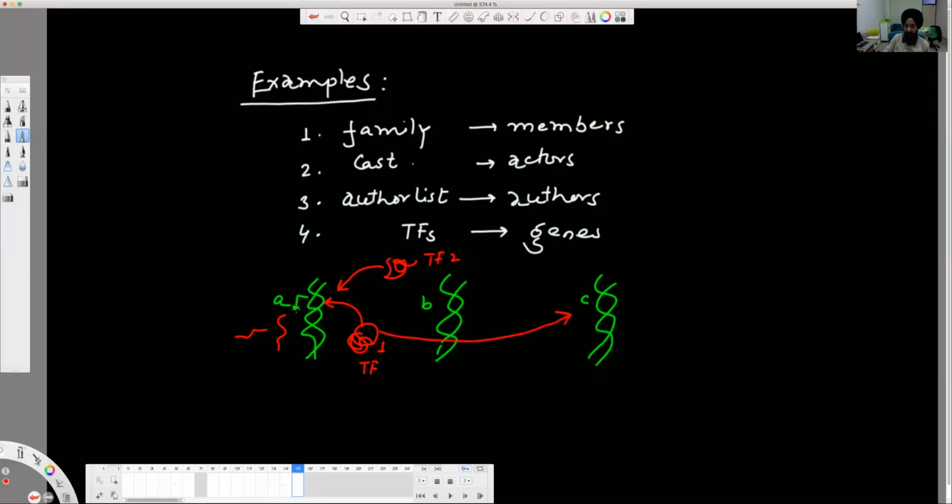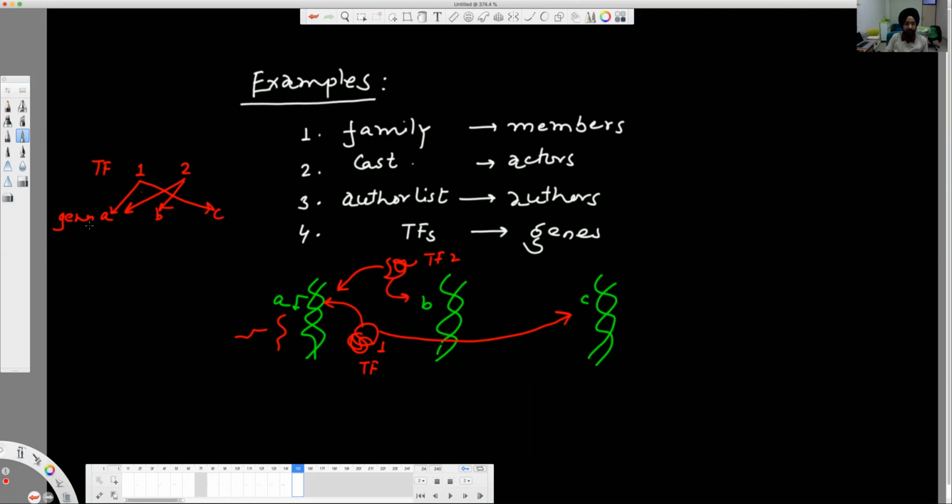So this relationship can be captured using a bipartite graph where you have TFs on the first layer, TF1, TF2, and the second layer is your genes, genes A, B, and C. So transcription factor 1 is regulating these two genes, and 2 is only regulating this gene. And let's say 2 was also regulating B. Right? So this is very important now.